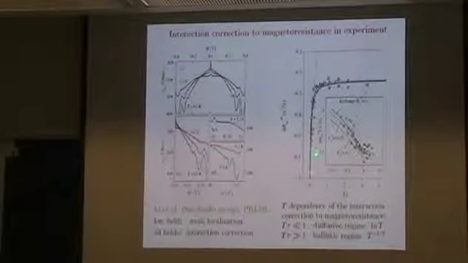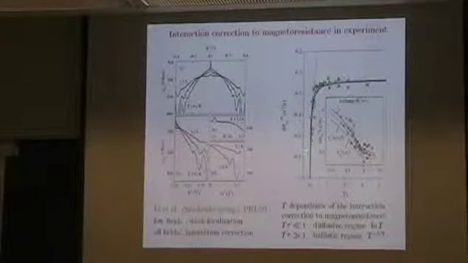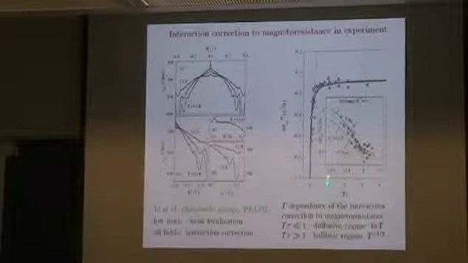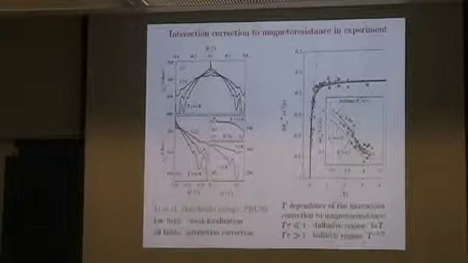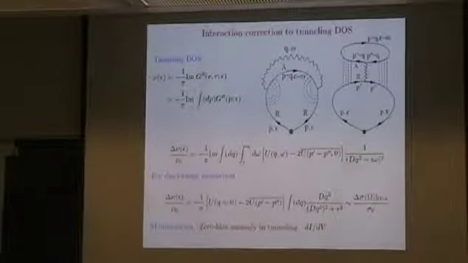And if you look at the temperature dependence, this curve is a function of temperature, and in this range it's logarithmic, and at high temperature it becomes this ballistic behavior. So the diffusive behavior is this low temperature behavior, and this log T behavior is due to essentially the interaction correction.